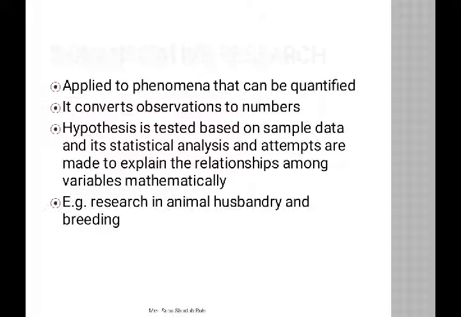Then the fifth type of research is quantitative research. Quantitative, the name itself suggests that we are going to quantify it. Quantified means we are going to measure. Such types of research are applied to phenomena that can be quantified.